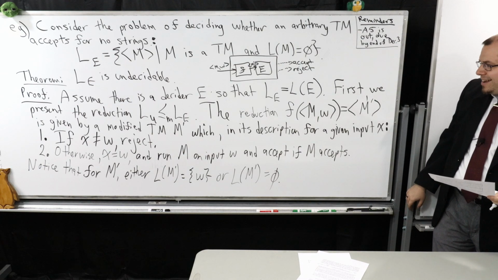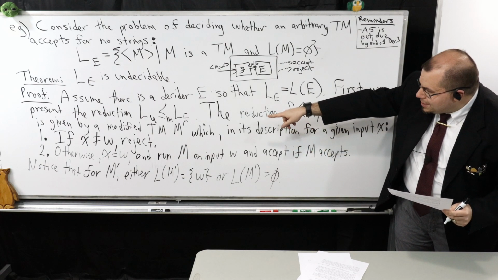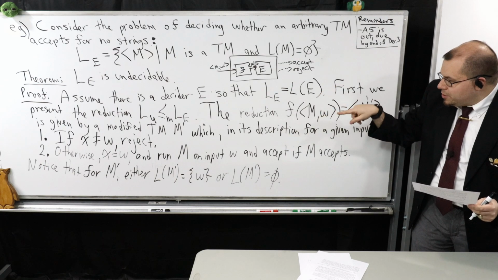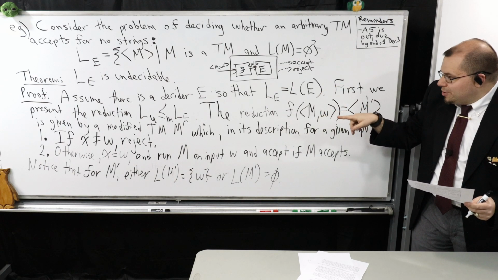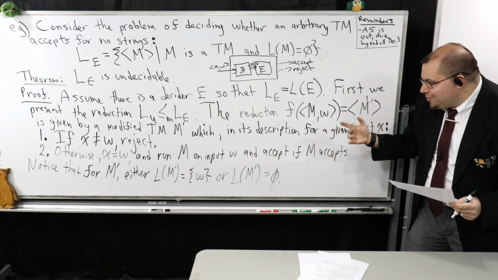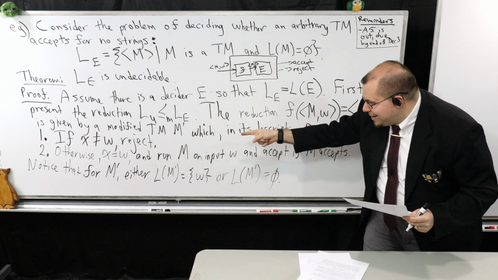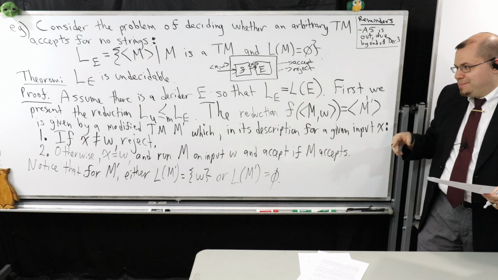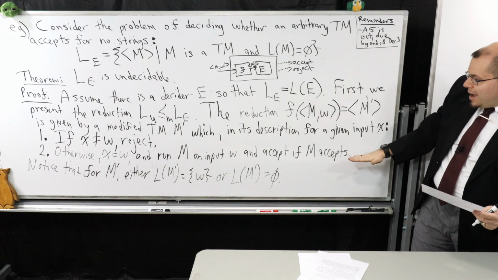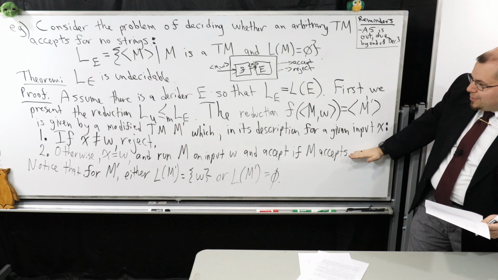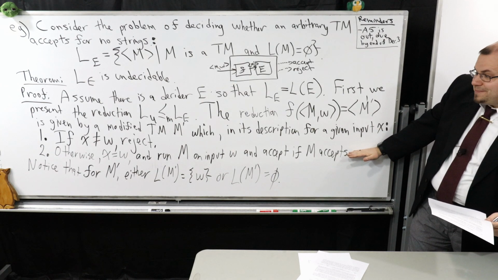Does everybody see that? So notice that, remember, just look at what the reduction does. It only accepts, right? The only time it ever accepts is when X is equal to W. So the input would be W.